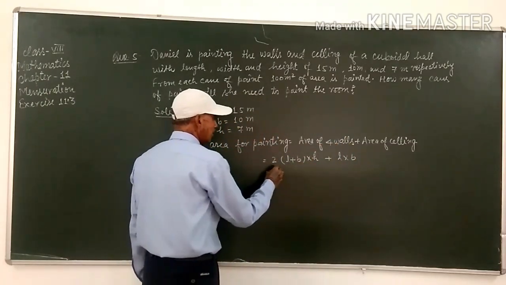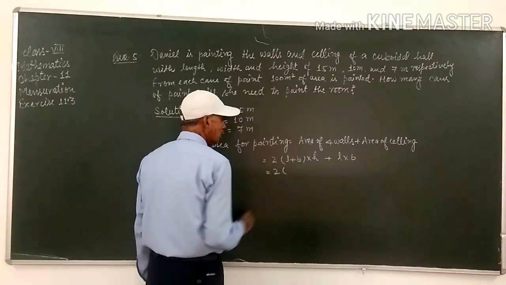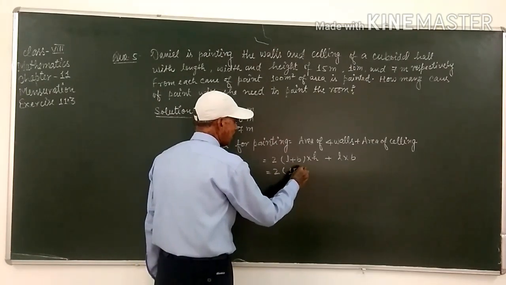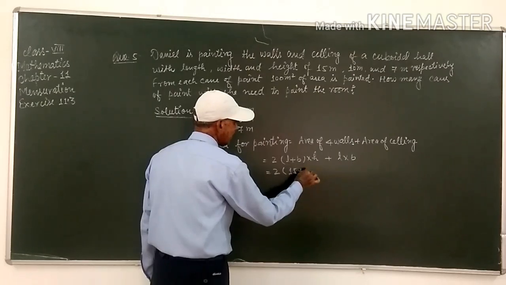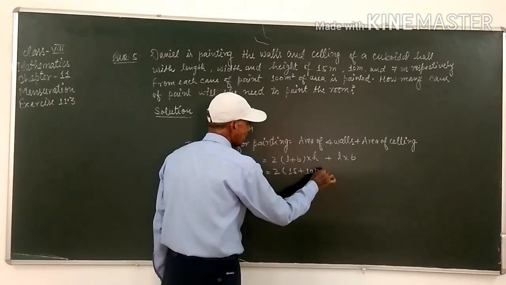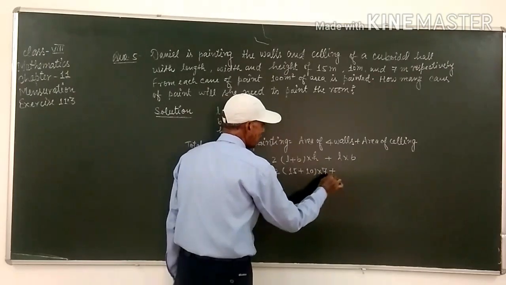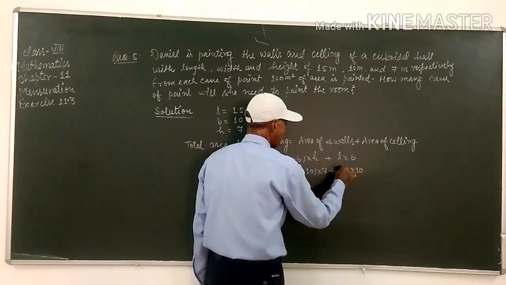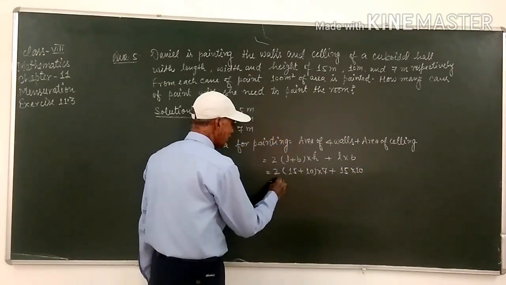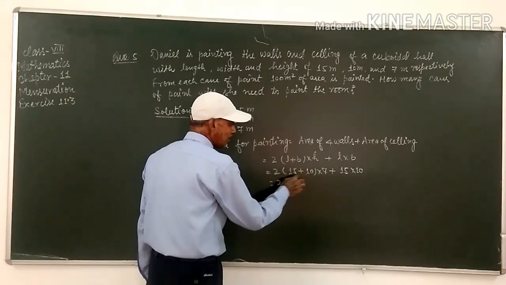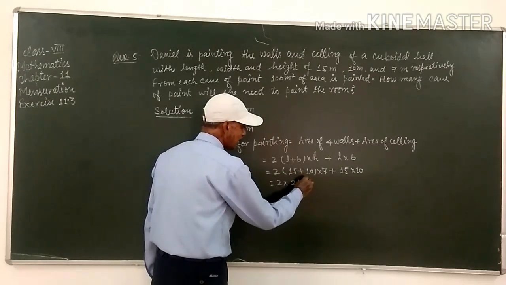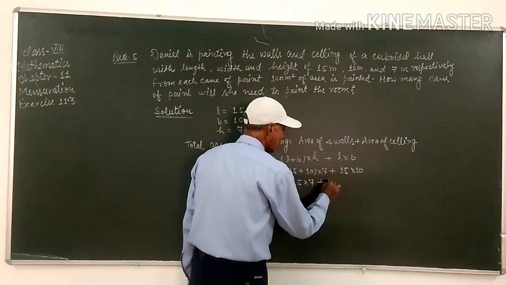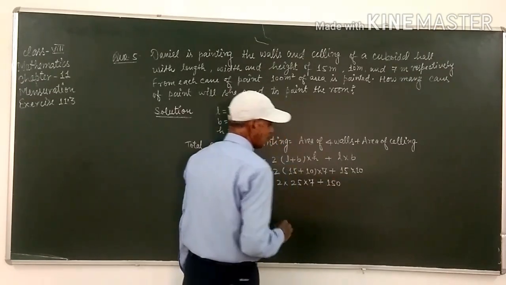So it will be 2 into length, that is 15, plus width 10, into height 7, students, plus length into width, 15 into 10. And it will be 2 into 15 plus 10, that is 25, into 7, plus 15 into 10, that is 150.